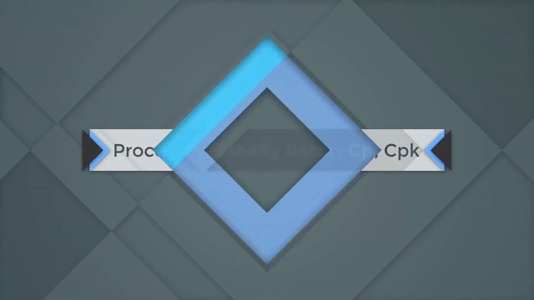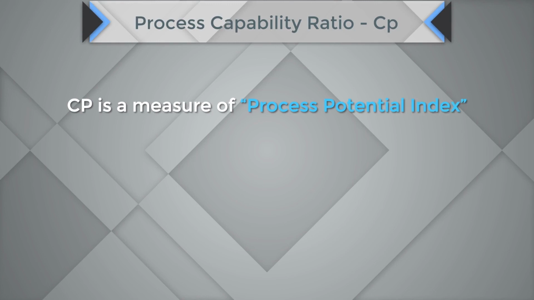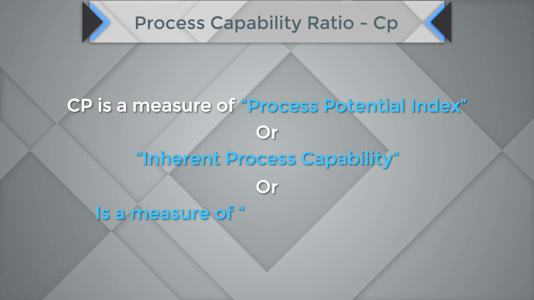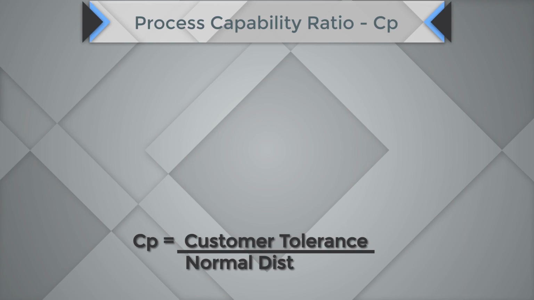The next measure of process capability is Cp. Cp is a measure of process potential index, also referred to as the inherent process capability, and is a measure of the capability of the process by design. Cp mathematically is calculated as customer tolerance upon normal distribution.